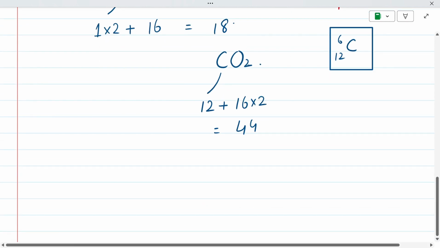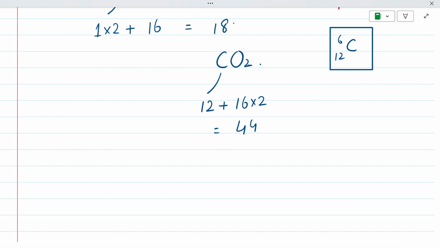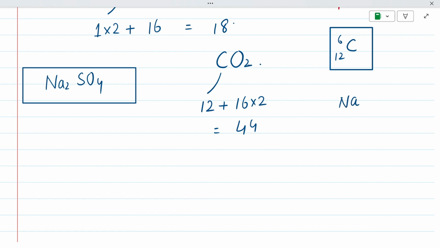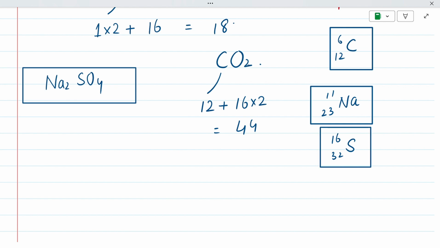But the examiner won't be kind enough to give you only easy questions, they will also give you tricky questions. How will you do this? If the atomic masses are like sodium is 11 and 23, and sulfur is 16 and 32. One thing to remember: atomic mass is the bigger number. If you're talking about electrons and electronic configuration, you will be focusing on the smaller number, which is the proton number.